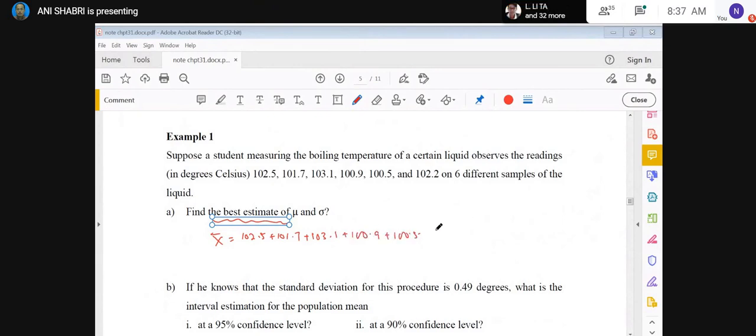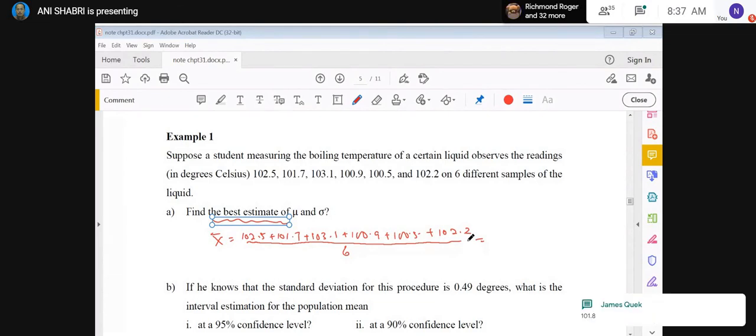We have 6 data, just 6 data, and we want to find the best estimate. Okay, what value do you get? Try to calculate it. The mean is 101.8.